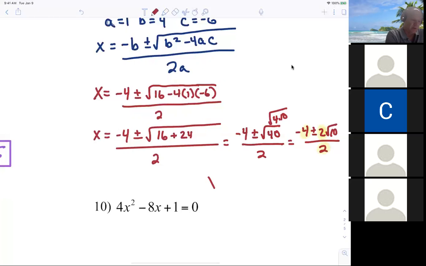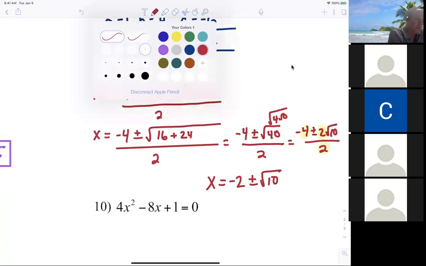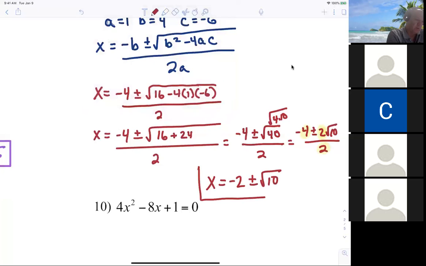So your final answer is -2 plus or minus radical 10. Somebody tell me now if you have any issues. Anybody have any issues? All right, guys, it sounds like we're in good shape.